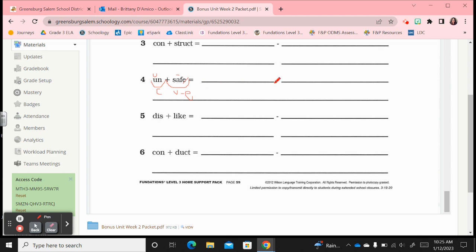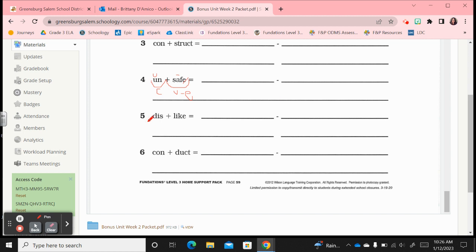So just write the word there. And it is unsafe to ride a bike without a helmet, in case you fall. Maybe your sentence could be that. Or it is unsafe to ride in a car without wearing a seatbelt.